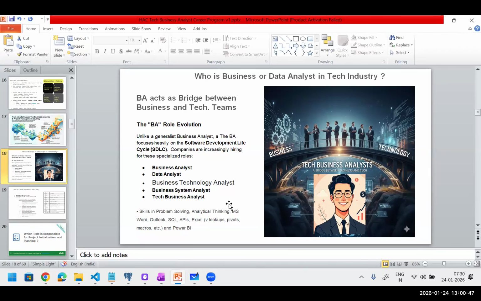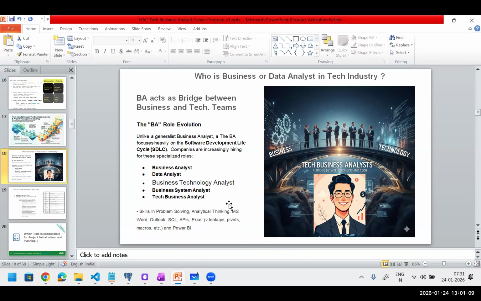But always check the job description. The titles can be confusing, but the job description is very important when applying for jobs. We will talk about resume preparation and how to position yourself based on your background at the end of the course.